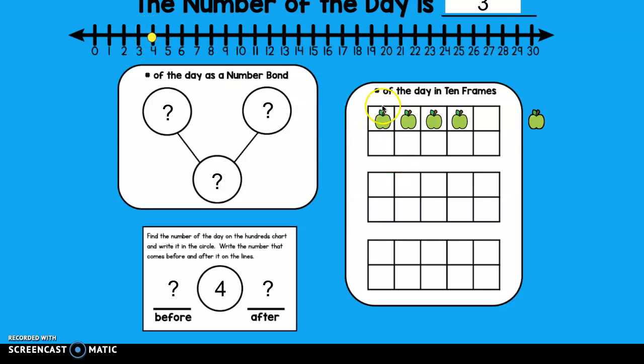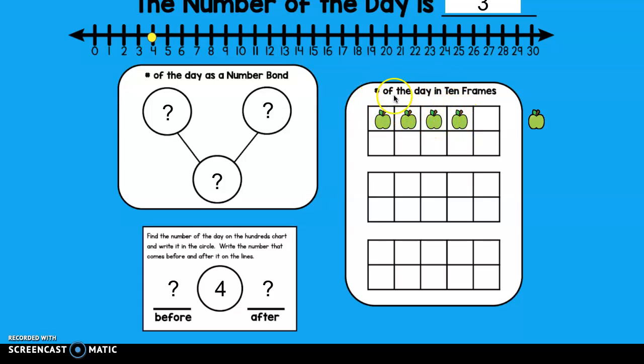Very good. And we also did it in our 10 frame, right? So how many apples do we have? If our number of the day, which I forgot to change to 4 up here, so ignore the 3, that's my mistake. But if we're doing the number 4, how many apples do we need to put in our 10 frame? 1, 2, 3, 4.